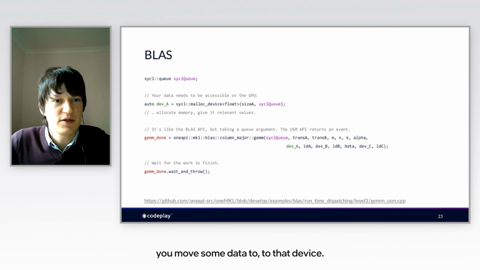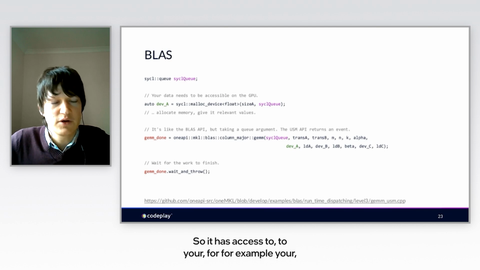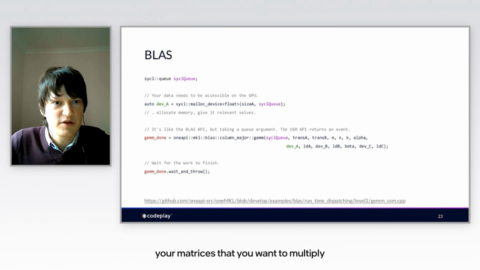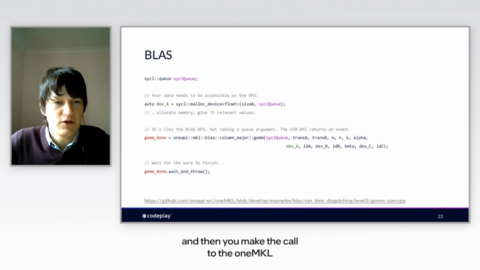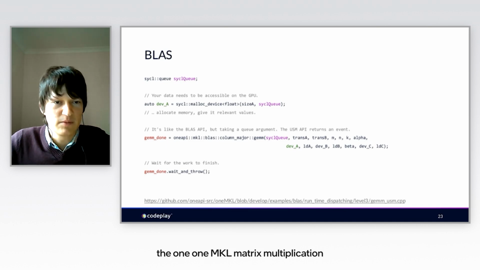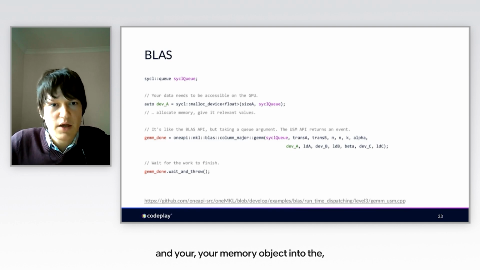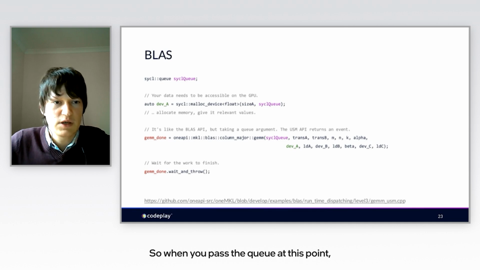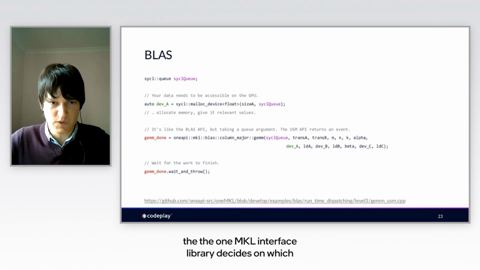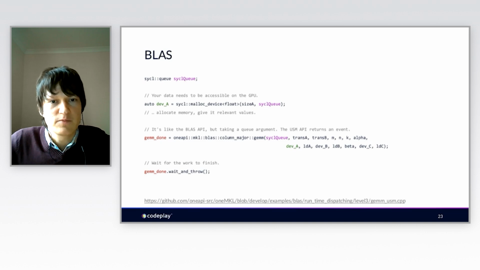You move some data to that device, so it has access to, for example, the matrices that you want to multiply, and then you make the call to the oneMKL matrix multiplication, as in here, passing the queue and your memory object into the arguments. So when you pass the queue, at this point, the oneMKL interface library decides on which backend to dispatch to.